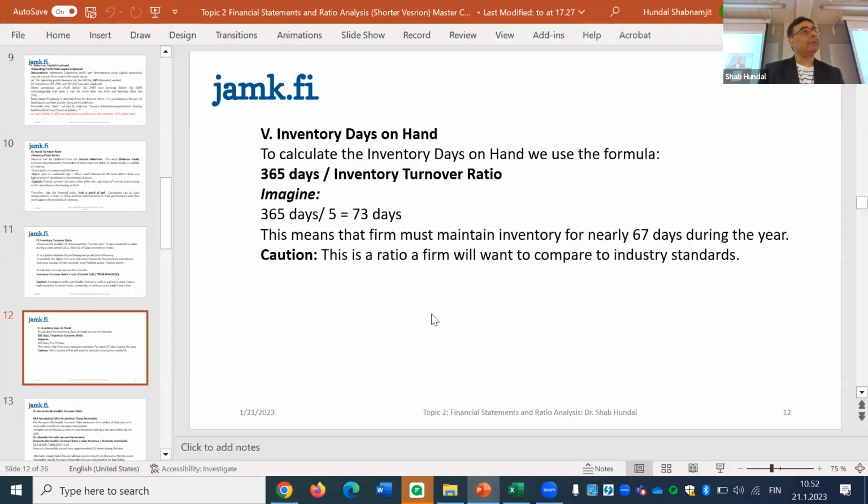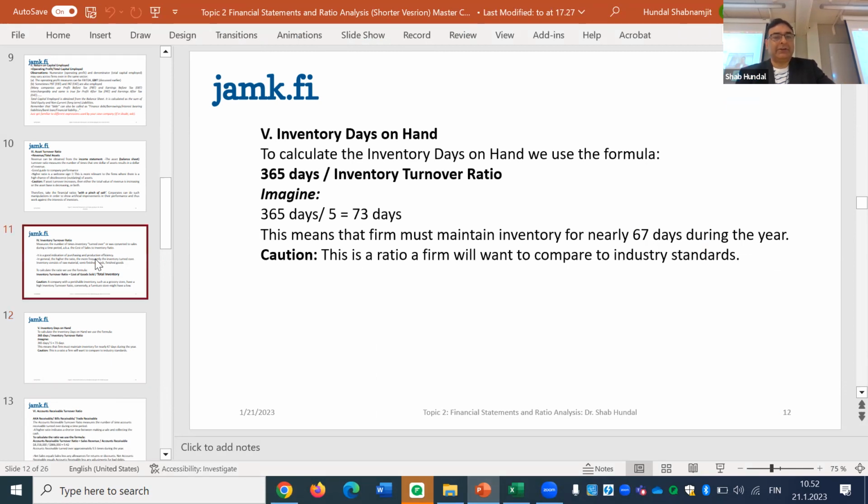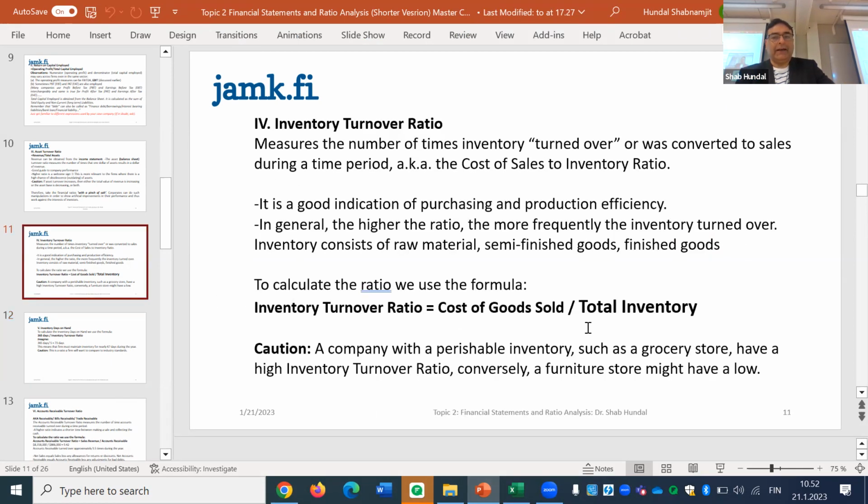Sorry? They increased their operation in the rest of the... No, yeah, but then we see from the inventory turnover ratio that the number of times they are processing their inventory from the raw form to the final form of the product, which goes to the retail store, that ratio has gone down, actually.